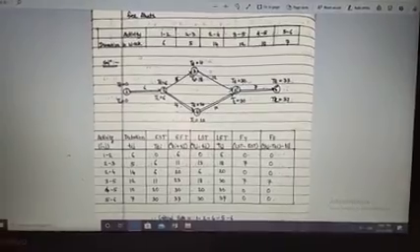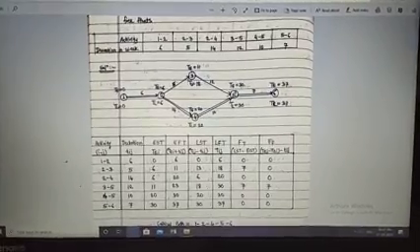And after this, if I want to calculate the EST, early start time, in the third column, what am I supposed to do? It is very simple. As I already said, EST means how early I can start my activity, or at what time the activities can be started.